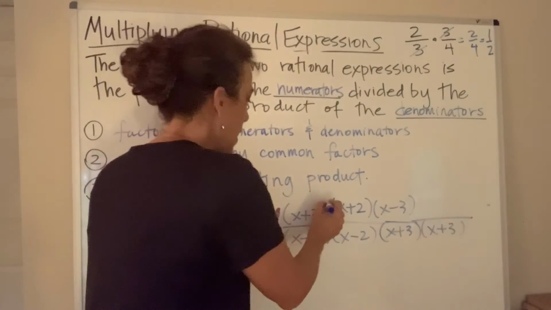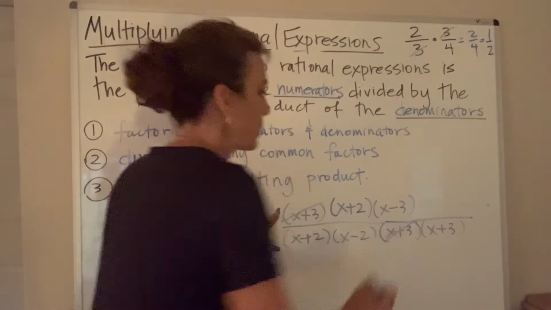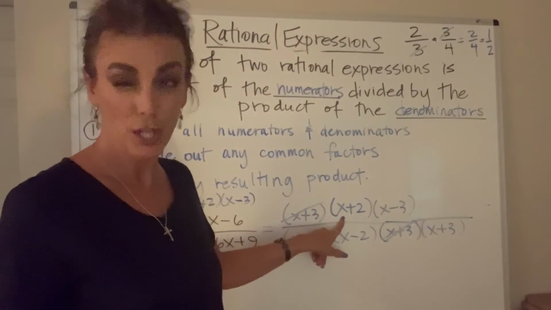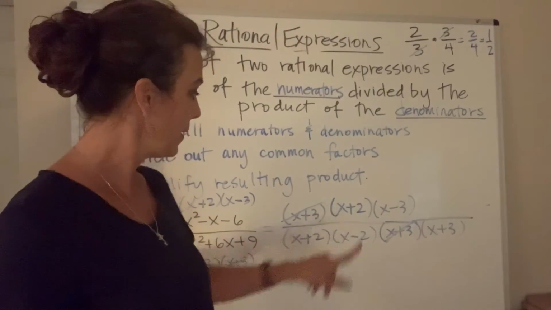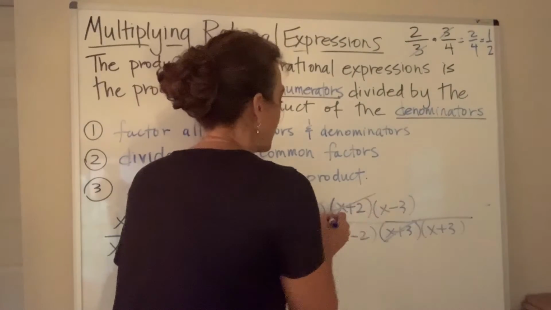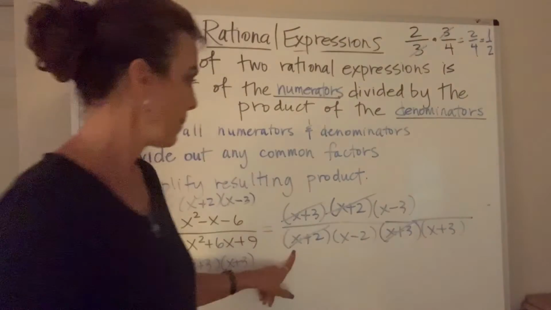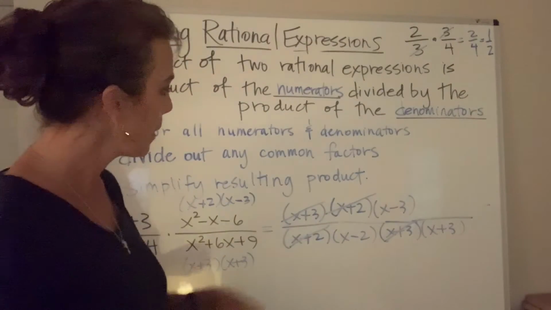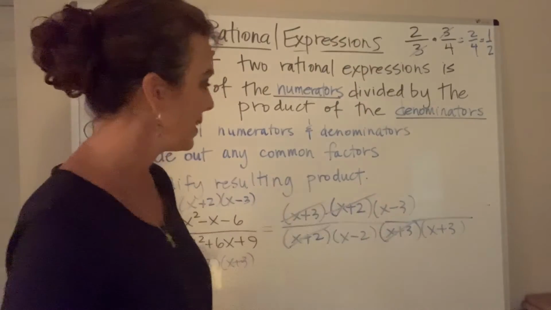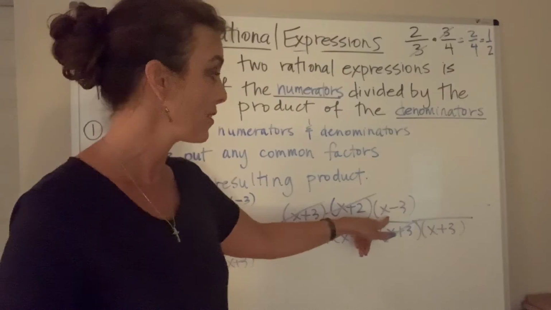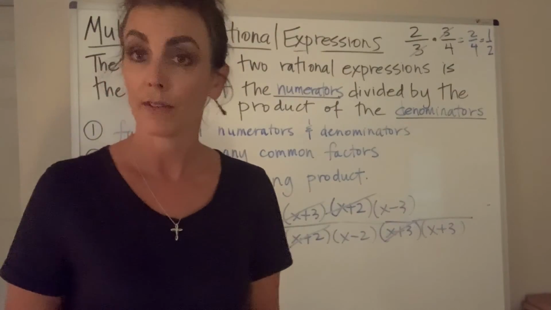So I'm going to divide out x plus 3 with x plus 3. How about x plus 2? Do you see one of those in the denominator? I certainly do. I see one right here. So this would be x plus 2 divided by x plus 2, and that's just going to become 1. And then I'm looking for x minus 3 here, and I don't see anything. Okay, so there's nothing that matches this x minus 3, so I leave it alone.